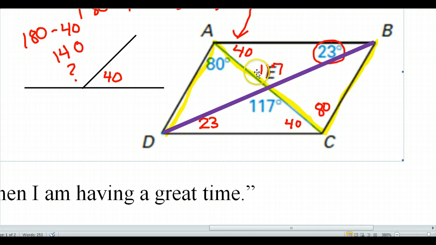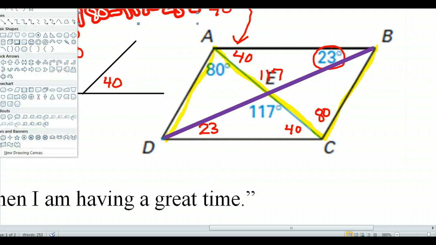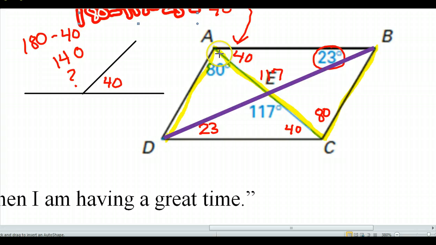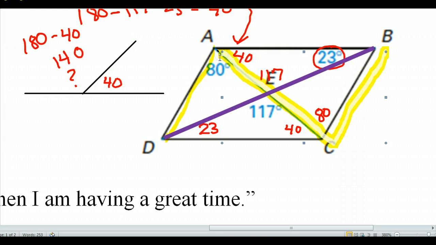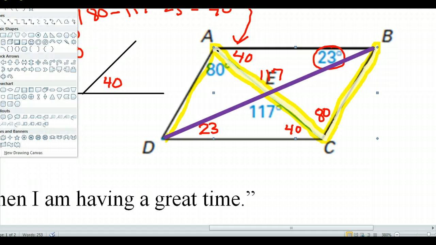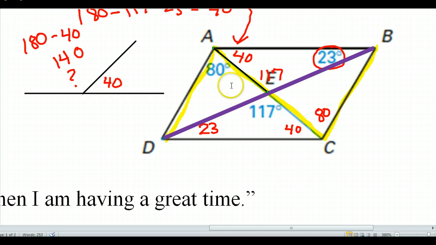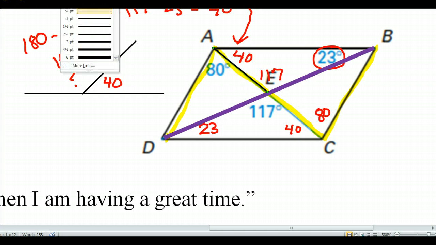We know that a straight line is 180 degrees across. So if I split it into two angles, they should be supplementary. Say if I split it sort of like this.